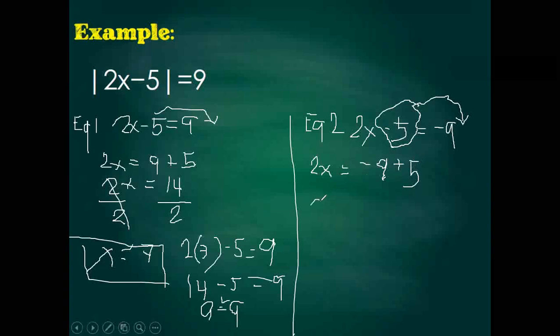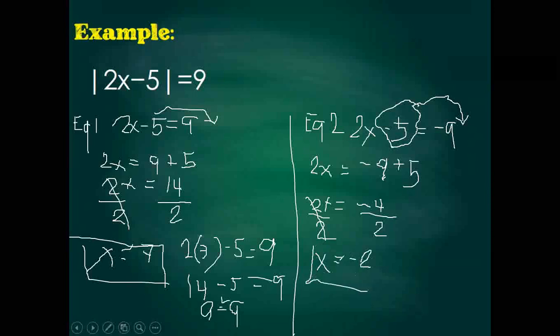Negative 9 plus 5, the answer is negative 4. Divide both sides by 2 to cancel. So x equals negative 4 divided by 2. The answer is negative 2.